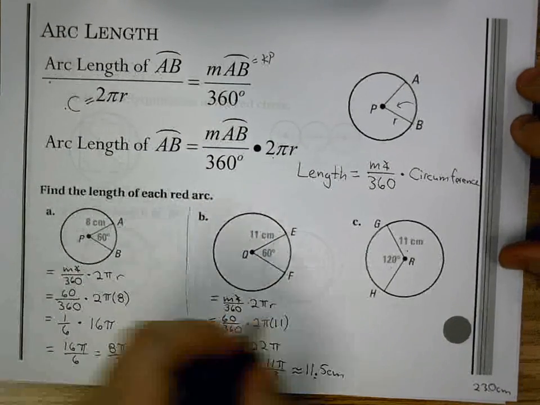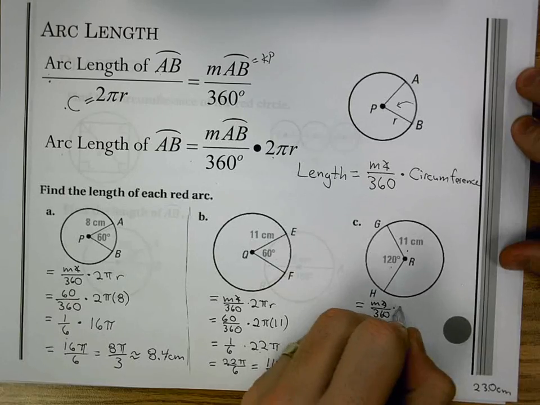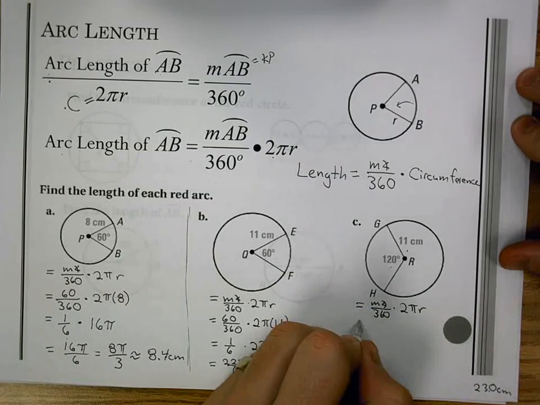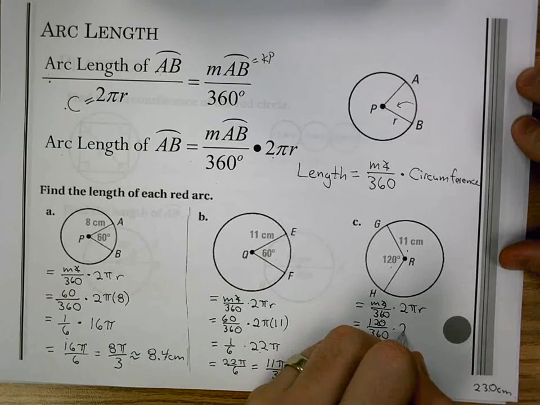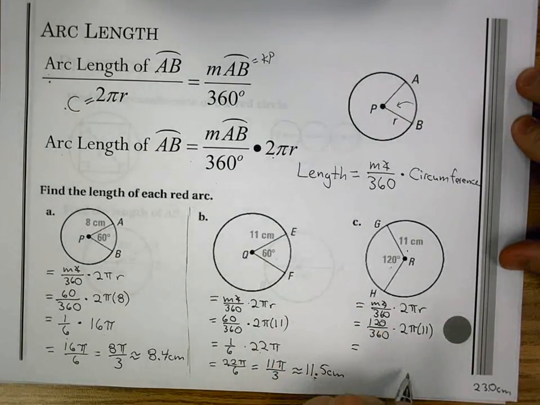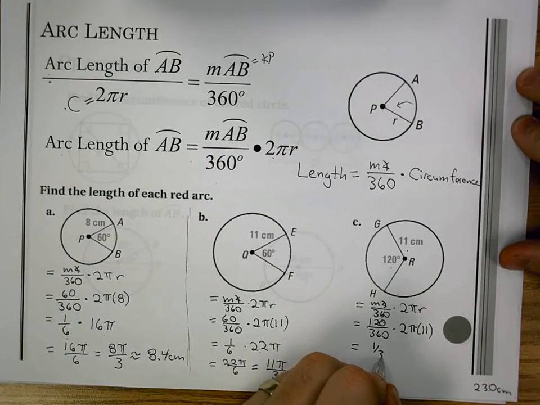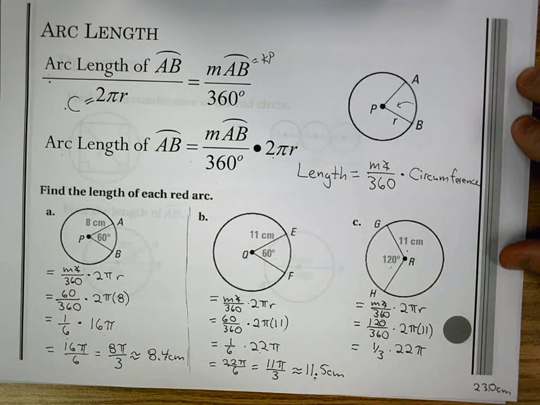So we start again. The measure of our angle divided by 360 times 2 pi r. I get 120 over 360 times 2 pi times 11. 120 over 360 is 1/3, so we're looking at 1/3 of the circle, or 1/3 times 22 pi.